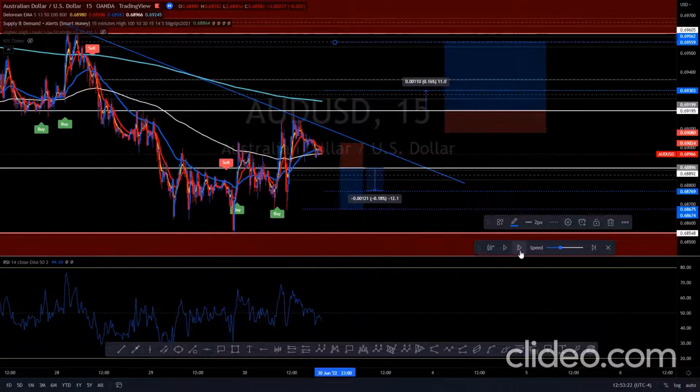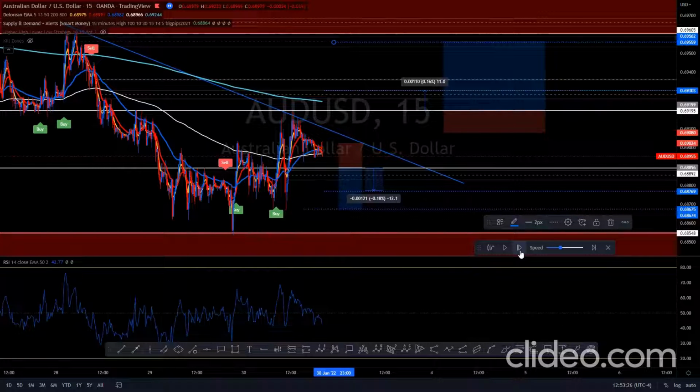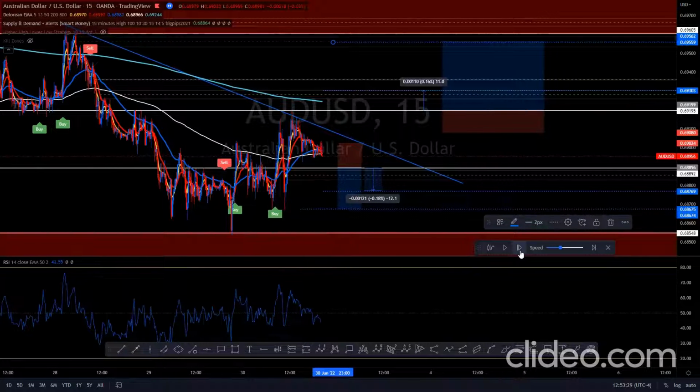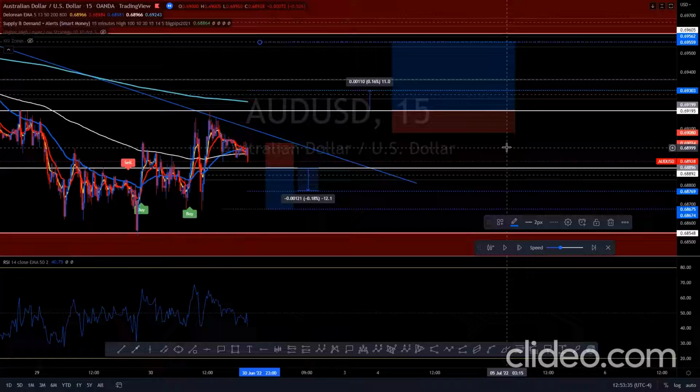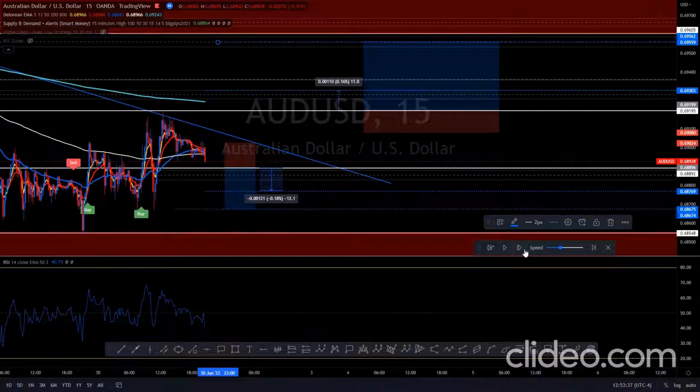So it's respecting that area. It pushed up, but then started to push down. A lot of consolidation. And now you start to see it coming down. Right?